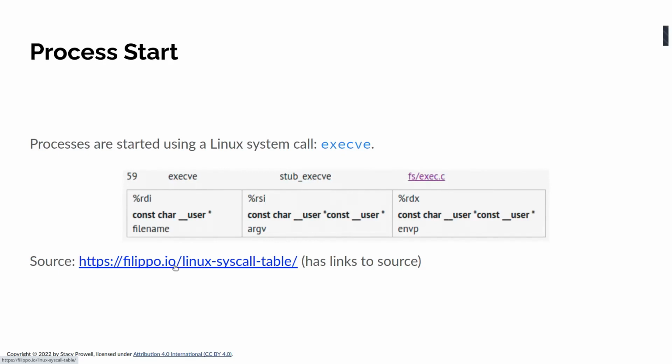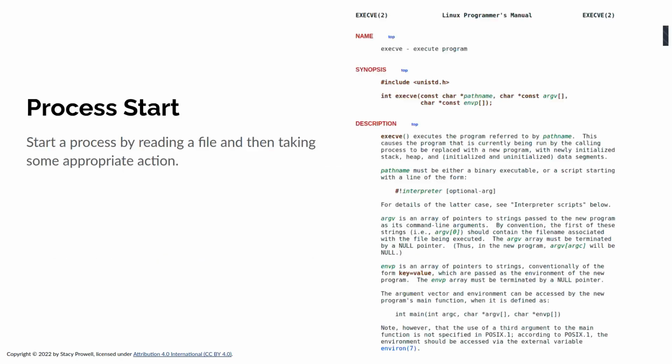I've given you a couple of links to syscall tables, but I think this one is another nice one to know because it has the registers in it, and also a link to the source. If you want to see how this is actually implemented, you can click through and look at the source code that implements the system call, which is kind of fun, especially if you're looking for vulnerabilities and things, which why would you be doing that?